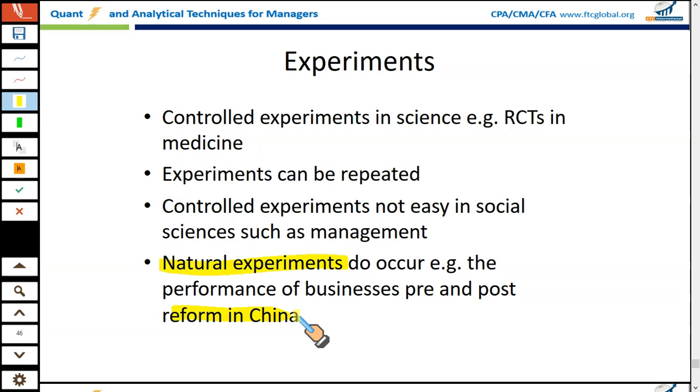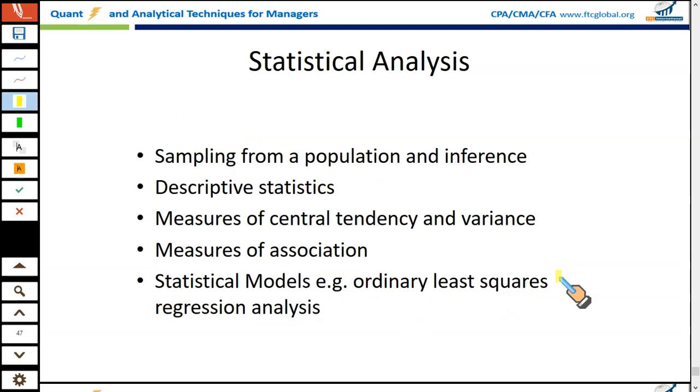So these changes have had significant impact upon Chinese economic growth. So this is basically a natural experiment. We could see the performance of the businesses before these reforms and post reforms. So we can compare the performance of the businesses before these reforms were incorporated and after these reforms. So this is clearly an observable, naturally occurring experiment for us.